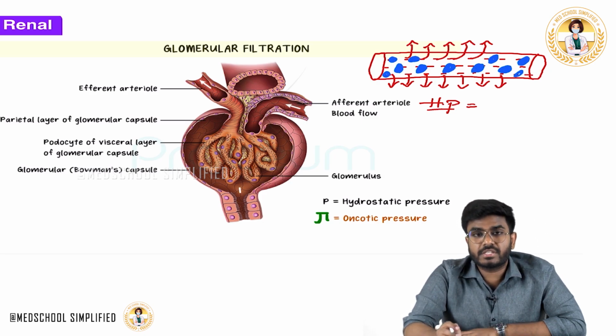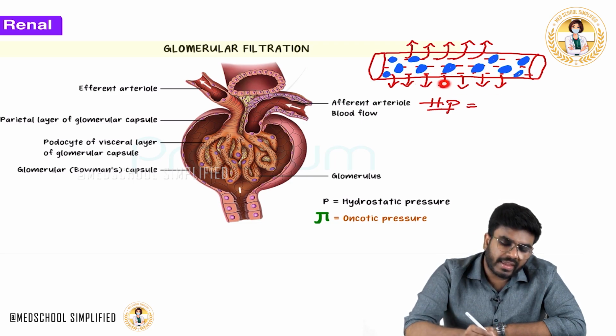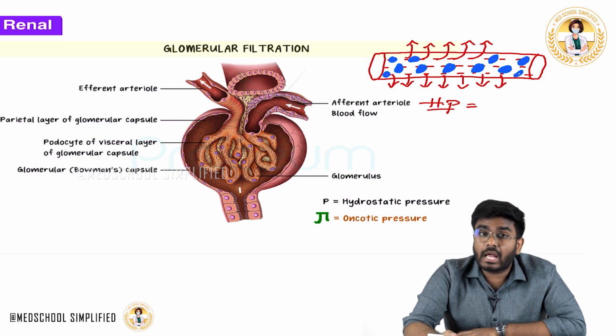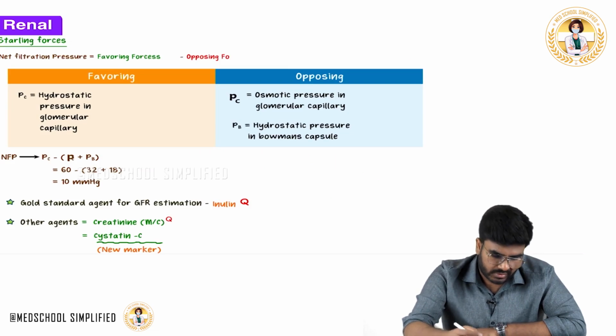So hydrostatic pressure is a favoring force for filtration. This colloidal osmotic pressure, because of the albumin, is an opposing force. It doesn't allow the filtration to happen. These forces, hydrostatic pressure and osmotic pressure, are called Starling's forces.